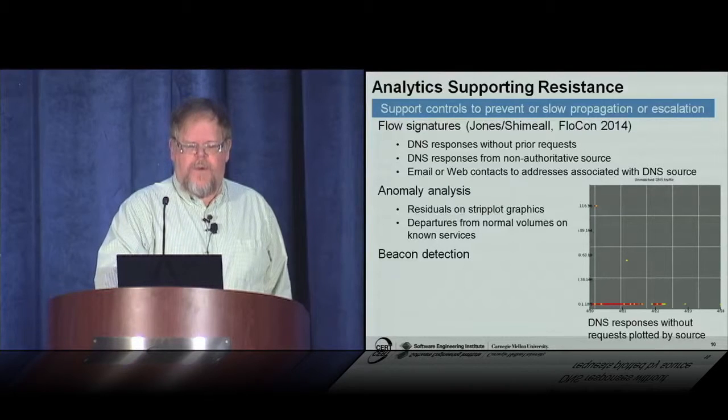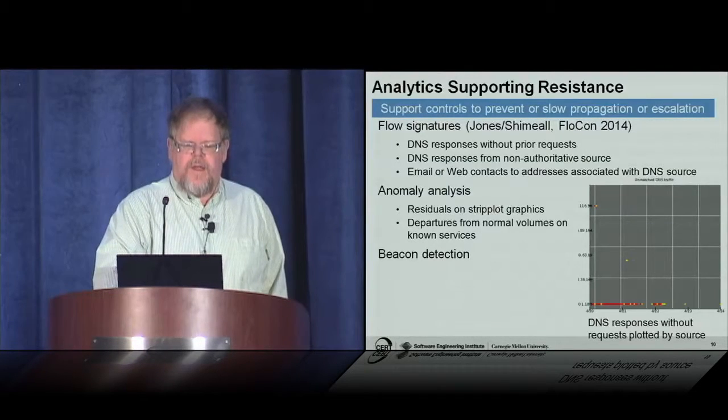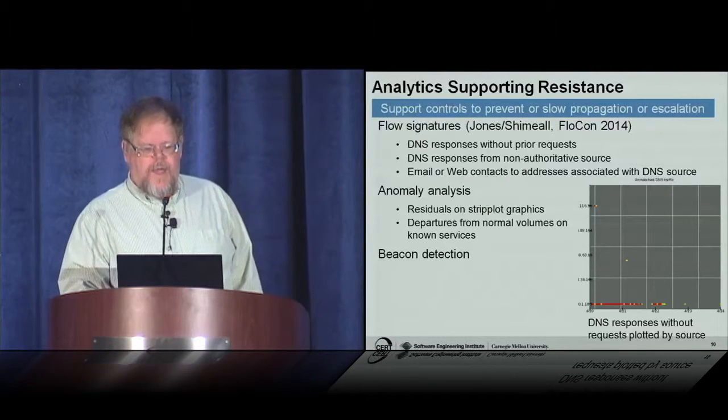Examples include DNS responses without prior requests, DNS responses coming from non-authoritative sources in a way that changes network behavior, and email or web contacts to addresses associated with DNS sources in some particular way.